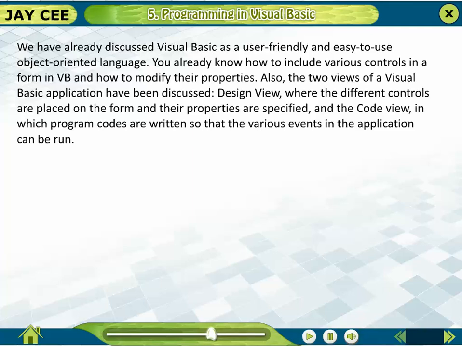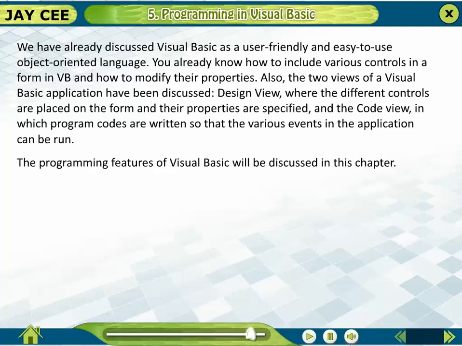Also, the two views of a Visual Basic application have been discussed: Design view, where the different controls are placed on the form and their properties are specified, and Code view, in which program code is written so that the various events in the application can be run. The programming features of Visual Basic will be discussed in this chapter.